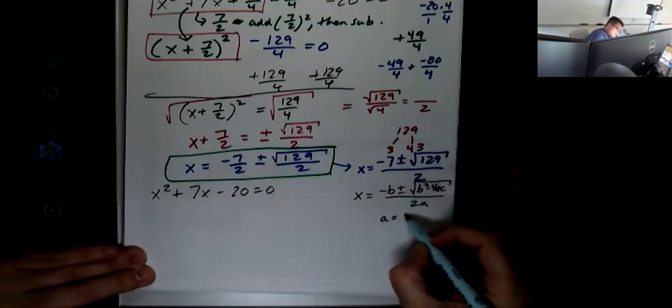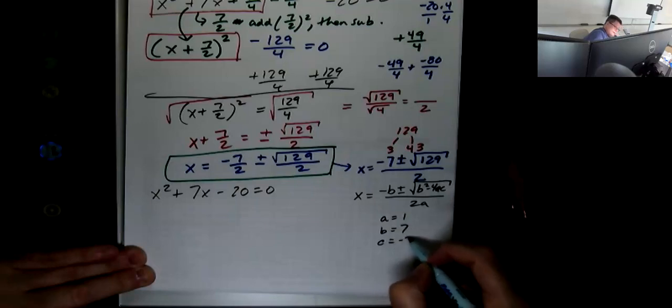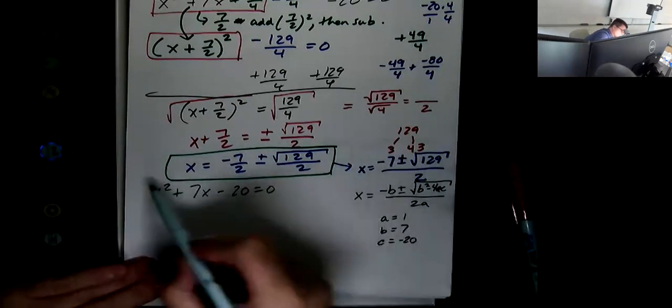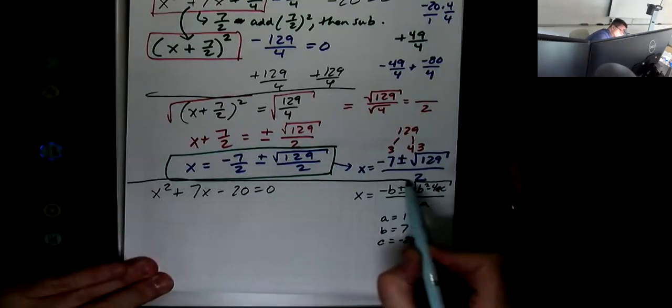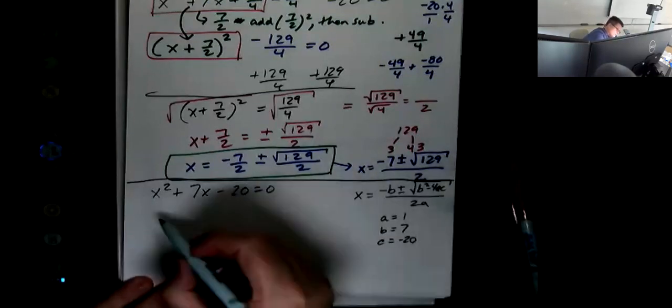A is 1, b is 7, c is negative 20. So let's plug that in.